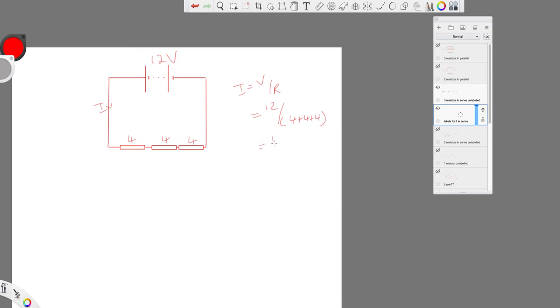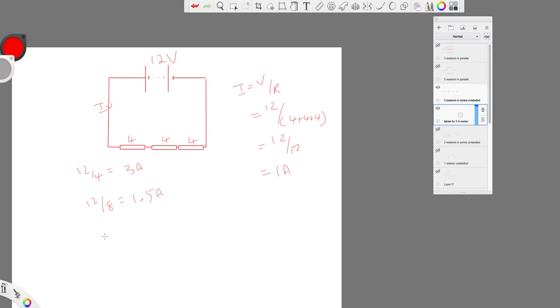So now we have 12 over 12. That gives us 1 amp. So when we had 1, 12 divided by 4 gave us 3 amps. When we had 2, we had 12 divided by 8, which was 3 over 2, 1.5 amps.